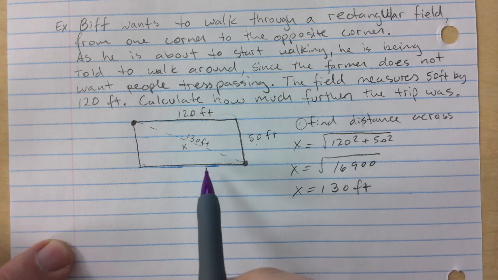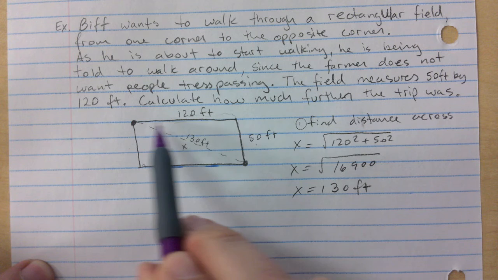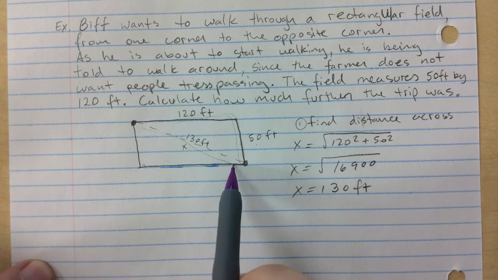So you can tell already that, right? This is 120 plus 50, it's 170 going around as opposed to going straight across, which is 130.